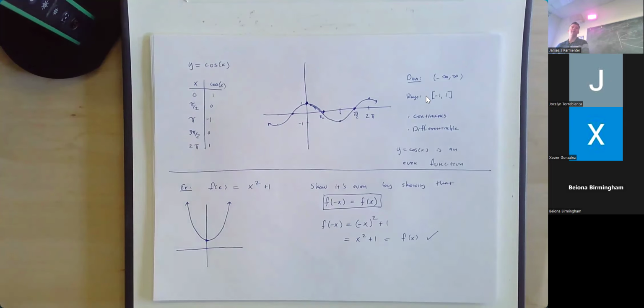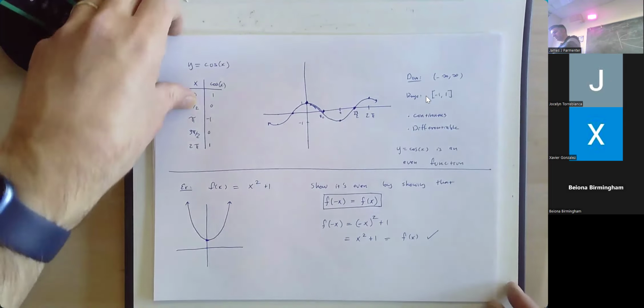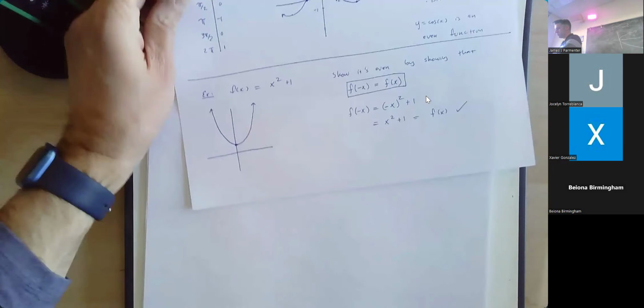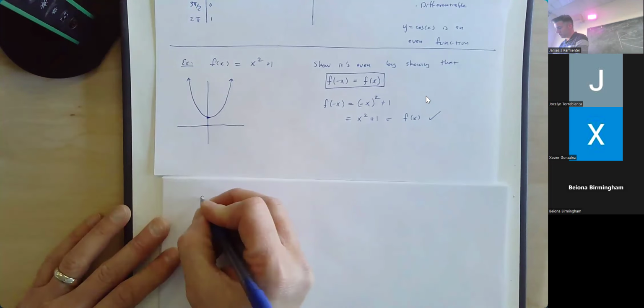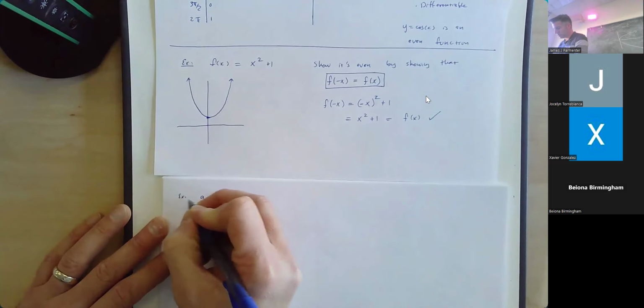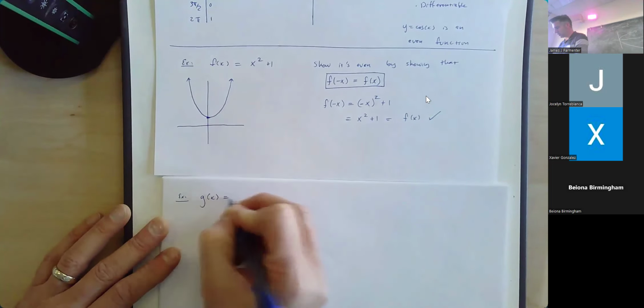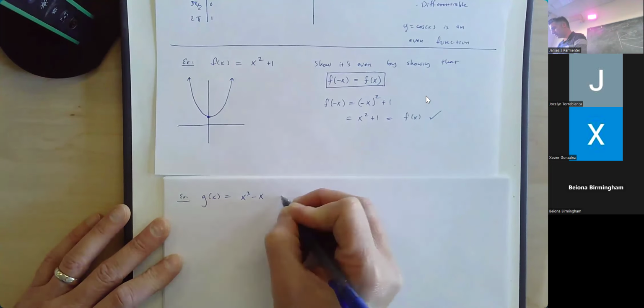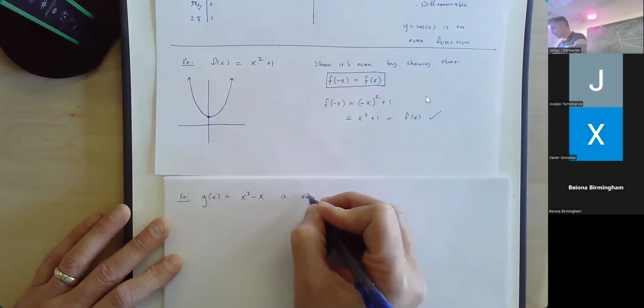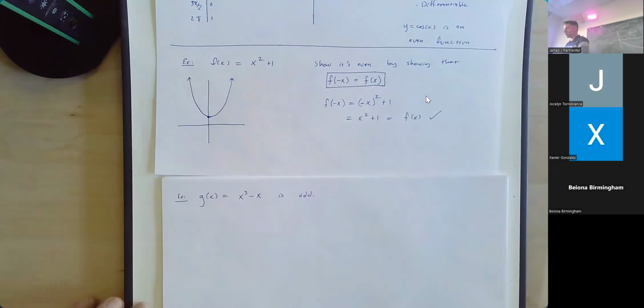Let's look at an odd function as well. Here's an odd function. Example: g of x equal to, yeah, sure, let's do that one, x cubed minus x is definitely odd. Let's graph it.